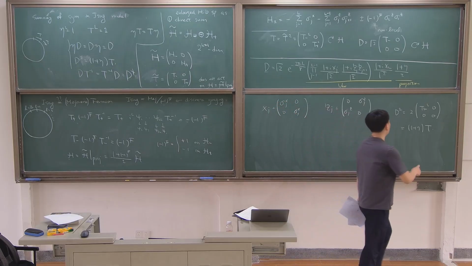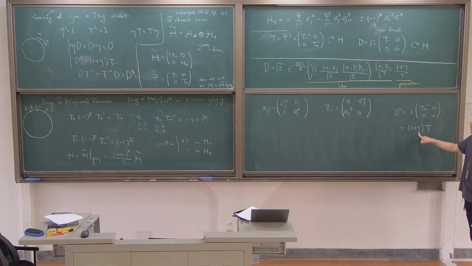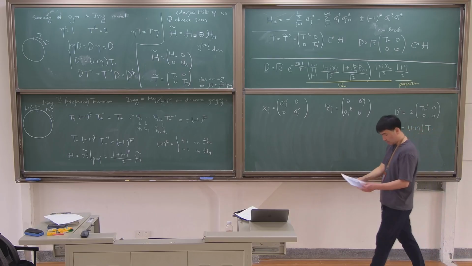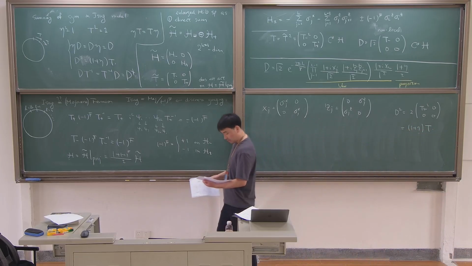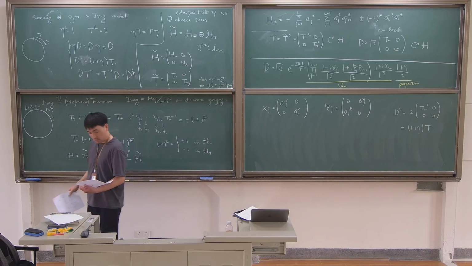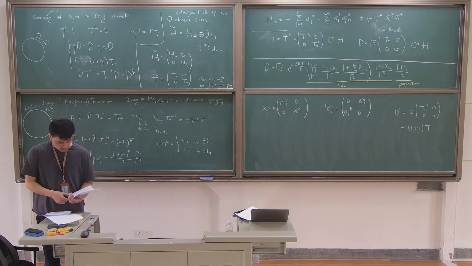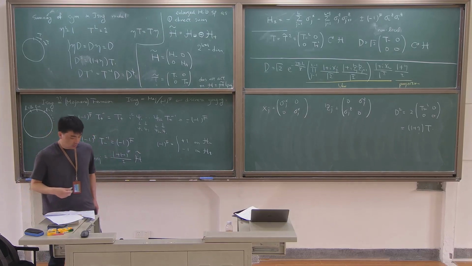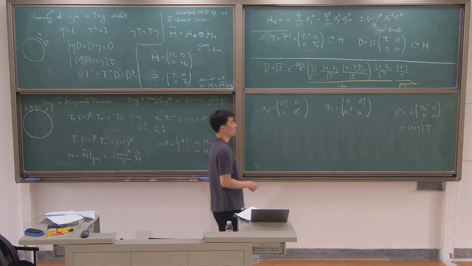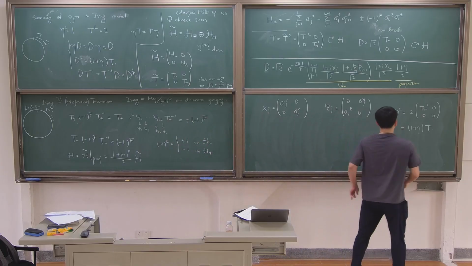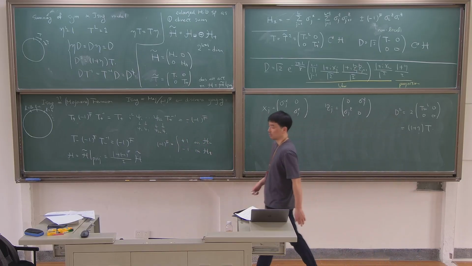But 1 plus A is the sign flip operator, and that will project out half of the Hilbert space. That's how you get the relation D squared is equal to 1 plus A times T.